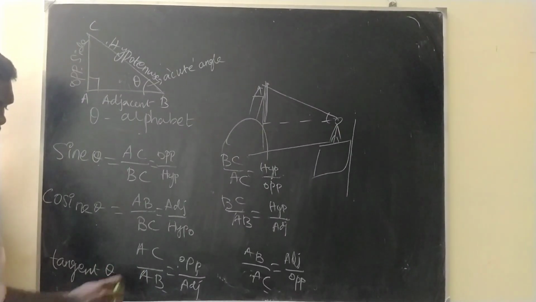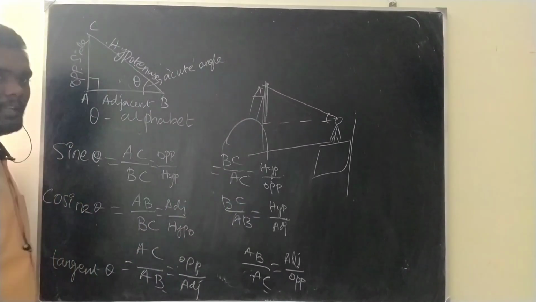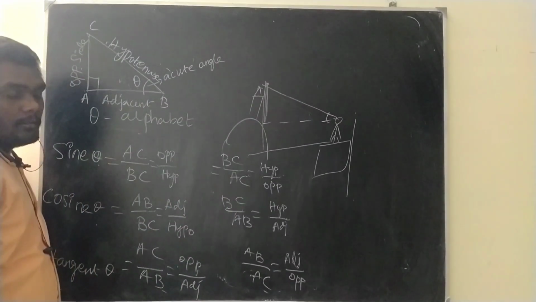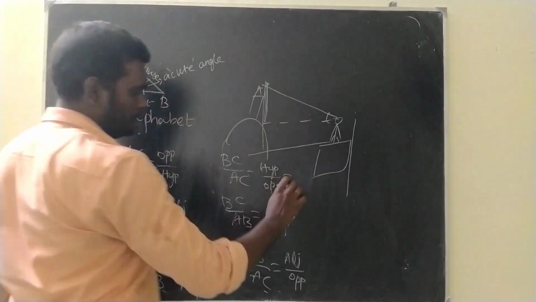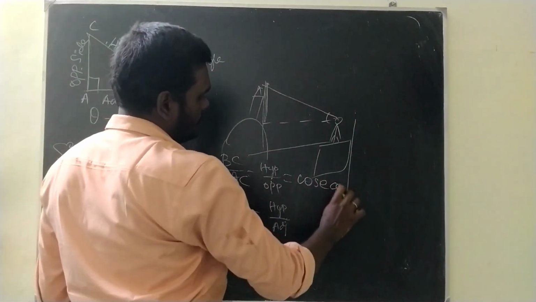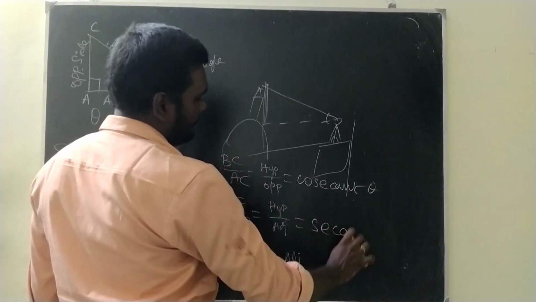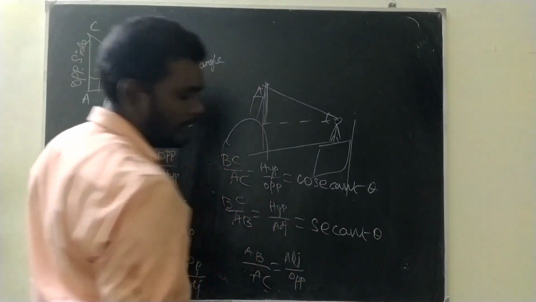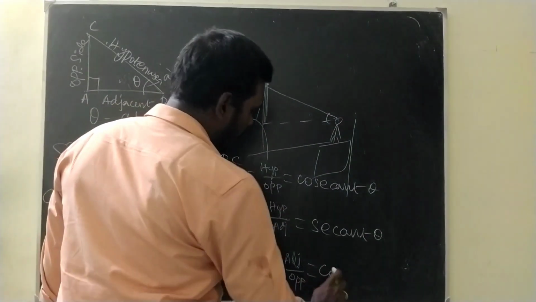And this one over here is cosecant theta, this one is secant theta, and this one is cotangent theta.